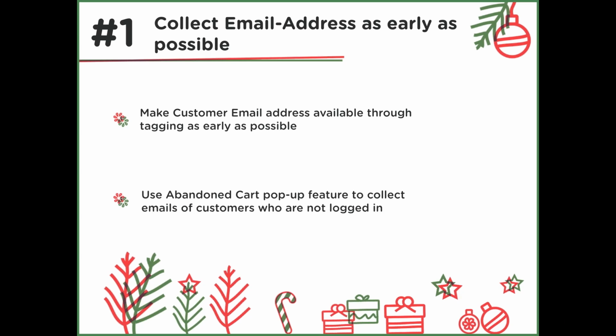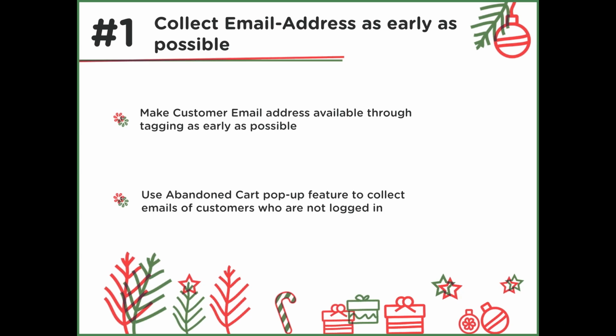So if we get that out of the way, then we can look at a couple of points of how we would improve the performance of triggered emails and how you can make sure that you target as many customers as possible. And I think the first tip, and we've mentioned this also in other webinars, is to collect email addresses as early as possible.